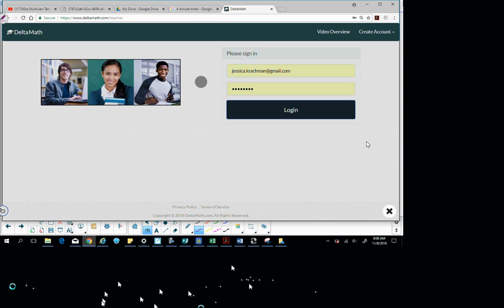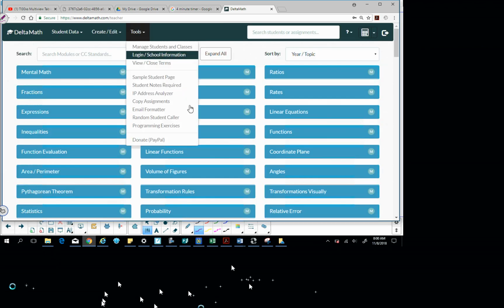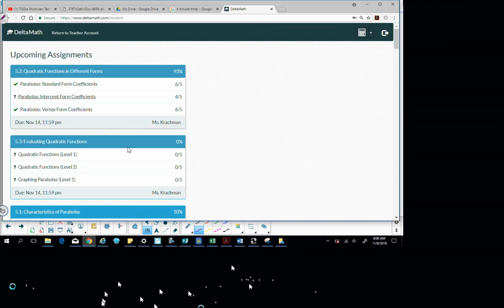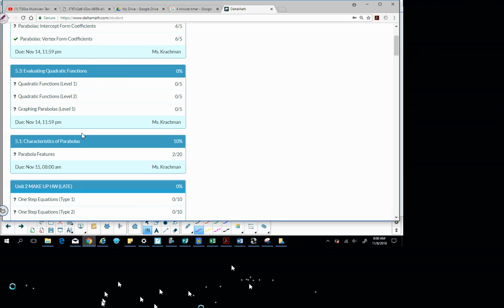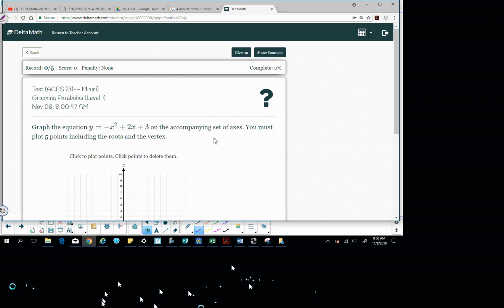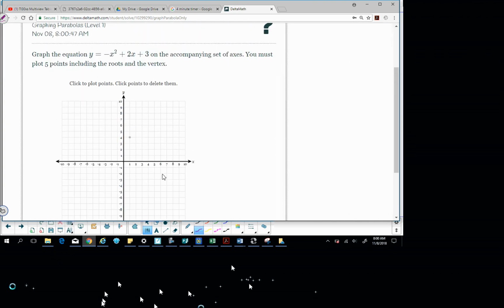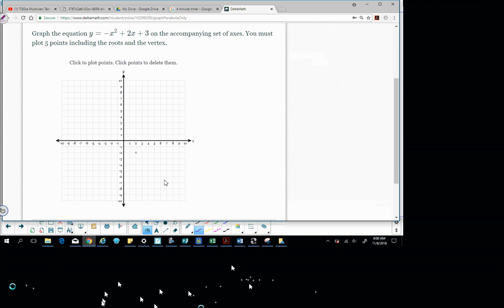And so this is what it looks like graphing. You can just put it in your calculator, and they just want you to graph 5 points, including the x-intercepts and the vertex. So you would put it in your calculator in your table, and you would graph what it looks like. So if this was my graph, I'm just doing a random one, it's wrong, then that's what I would put.